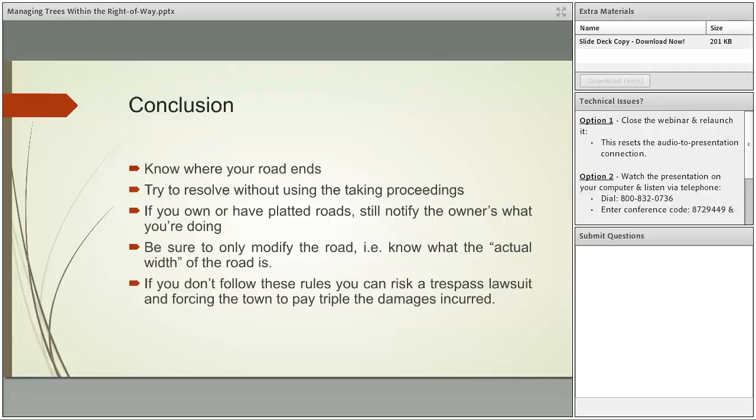So if that means that you have to stop at a certain point and hand trim, that may unfortunately be the case here, but you have to make sure that the chemical does not enter onto the landowner's land or damage the landowner's property. And for brush, you should notify the landowner of what you're doing, at least.